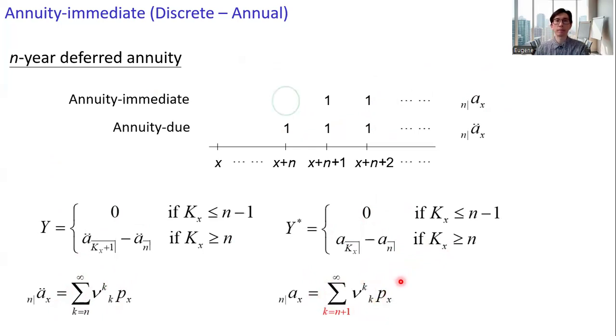The relationship, this is the difference between the two payment streams, and we can get the relationship. This nEx is this payment of 1 at this time point, and then get the actuarial present value of that. So we have nEx.